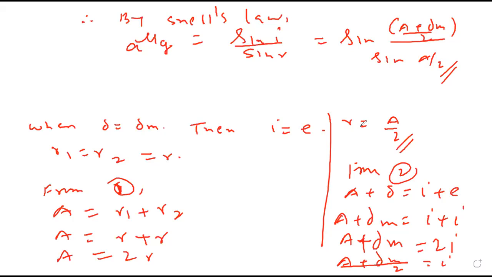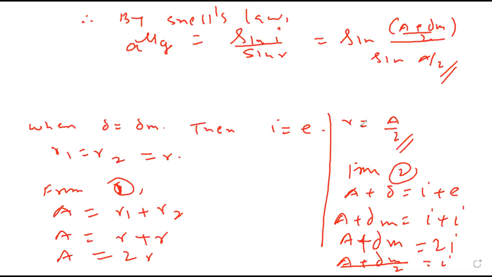Aniket, what is the formula for mu in terms of velocity? The refractive index of the second medium with respect to the first in terms of velocity is V1 upon V2.